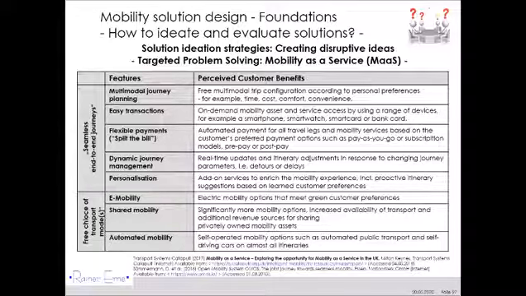So it's not only about e-mobility, which is employed very much in this context, but also shared mobility and automated mobility, based on the user needs. And by providing these services according to your user preferences, this is what I call targeted problem solving.